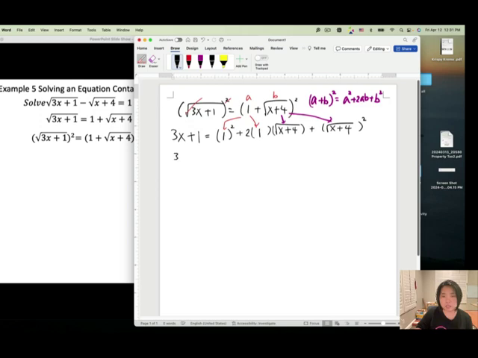Okay, right? Simplify a little bit. So I have 1 plus 2 square root x plus 4. And then this one, the square root and the square cancel out. You're left with x plus 4 here. Okay, combine the like terms. 3x plus 1 equal to x plus 5 plus 2 square root x plus 4.